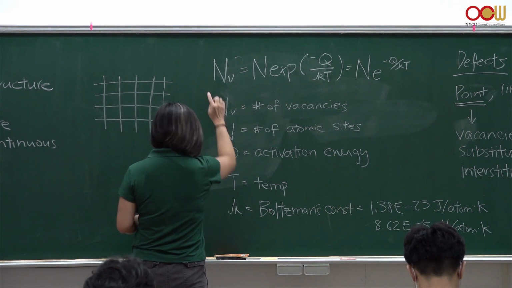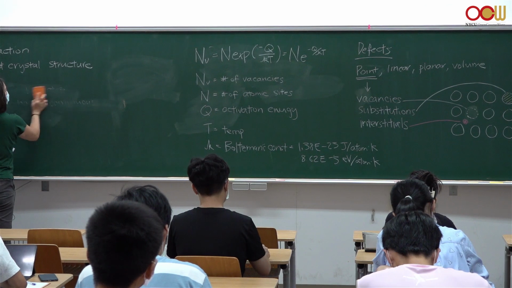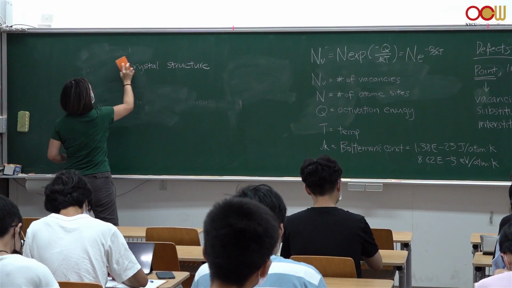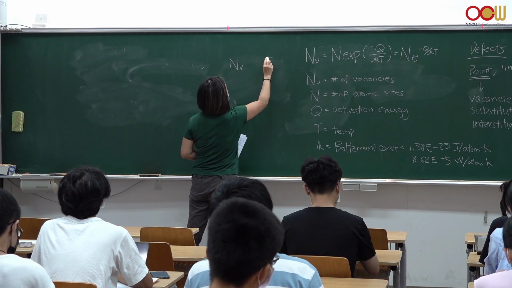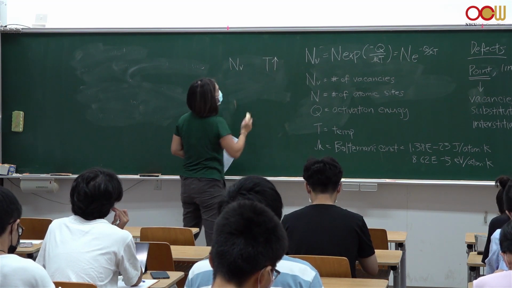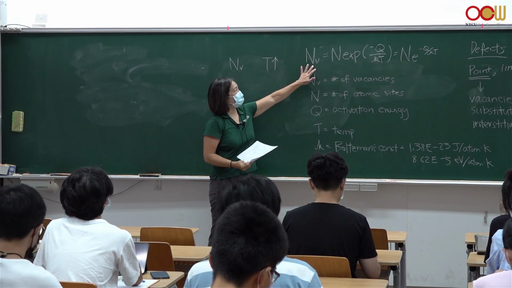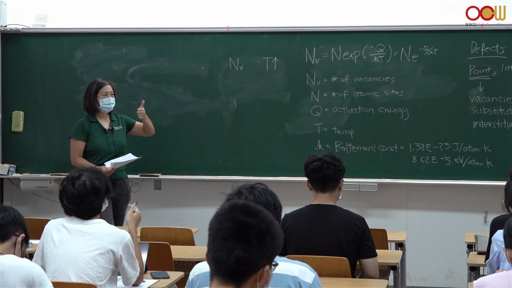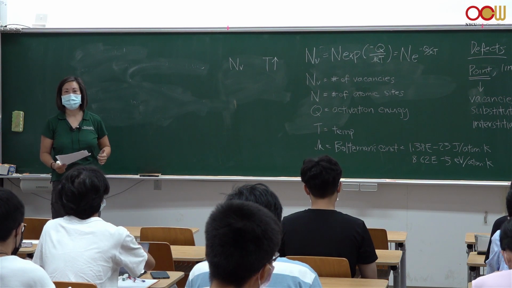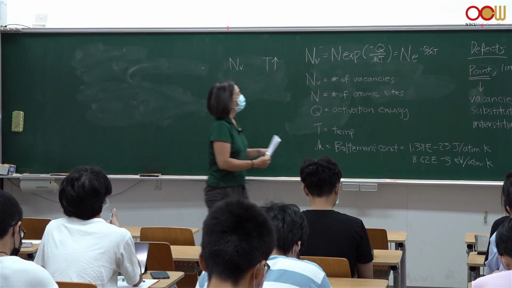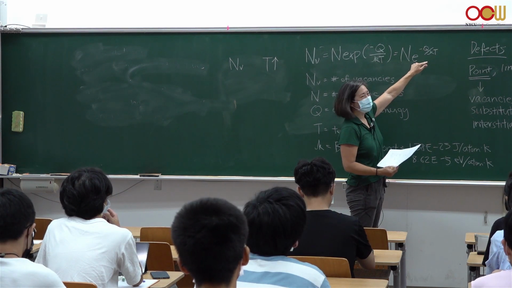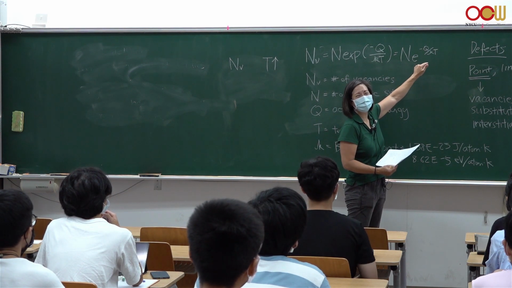So if we were to look at this equation, what will happen to the number of vacancies if my temperature increases? If you look at this equation, if my T goes up, my n sub v goes up or down. So this is to an exponent. T is on the bottom, but it's a negative.